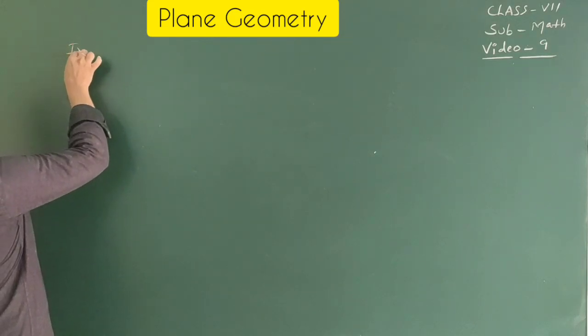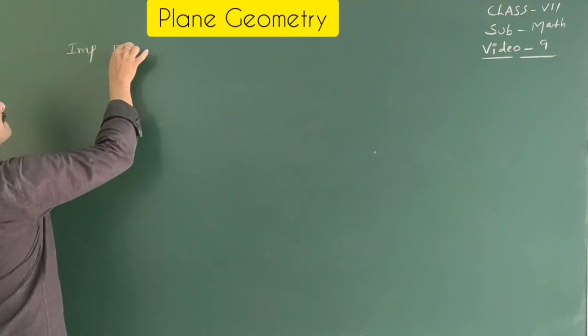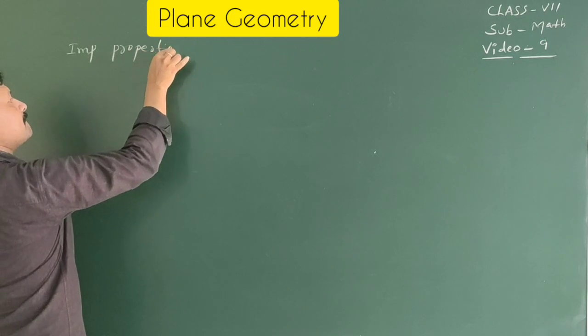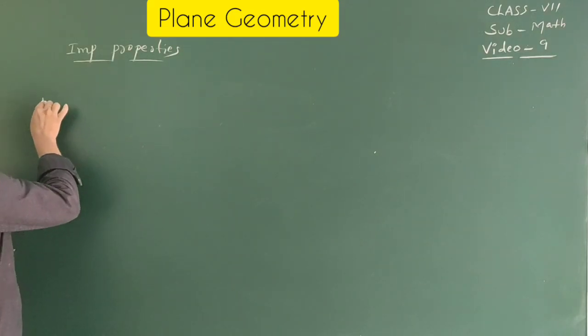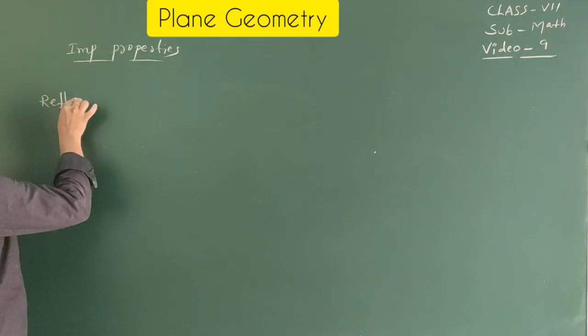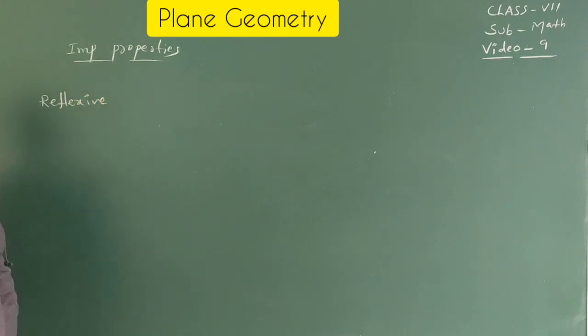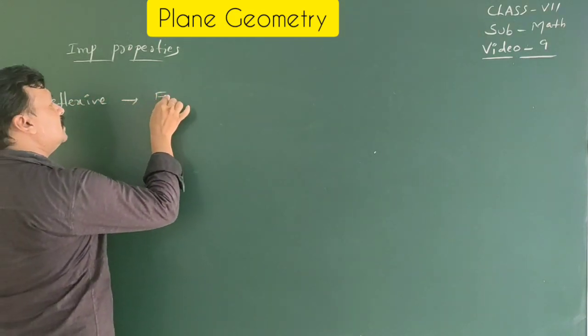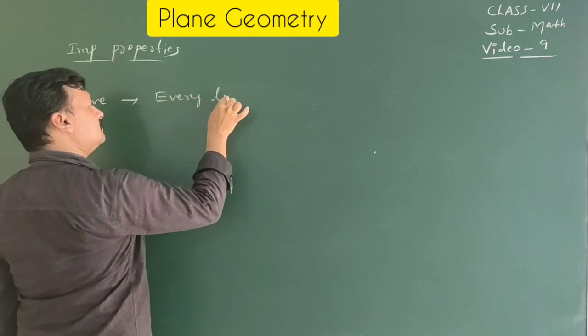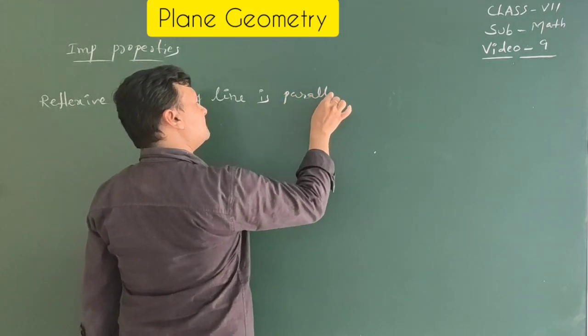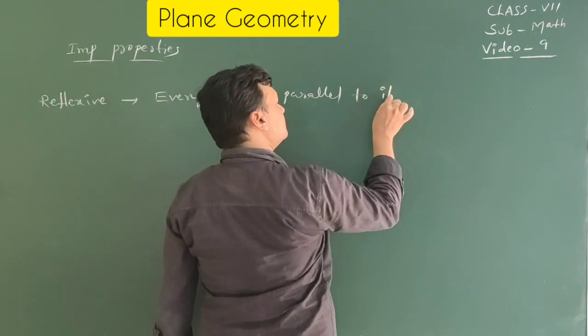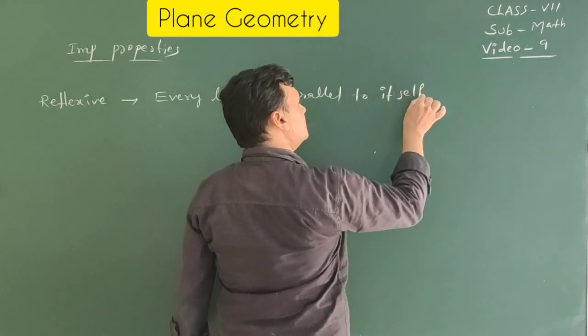Now, important properties. First property, the reflexive property. Every line is parallel to itself.